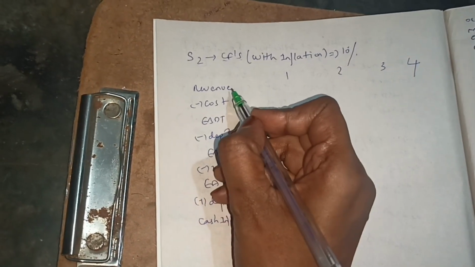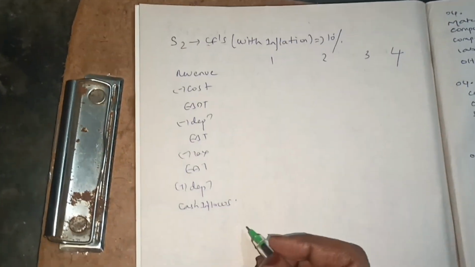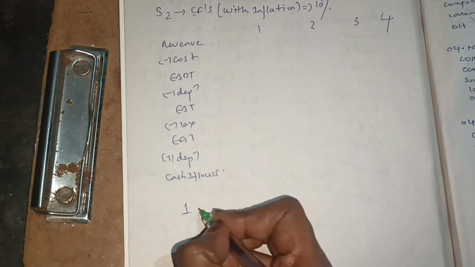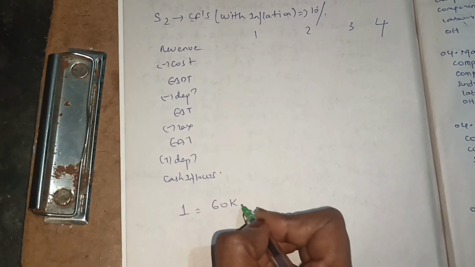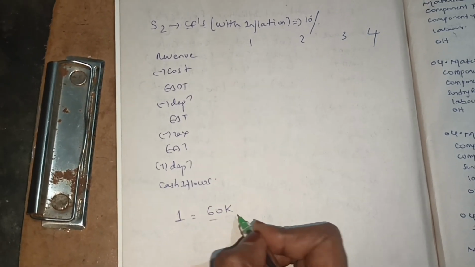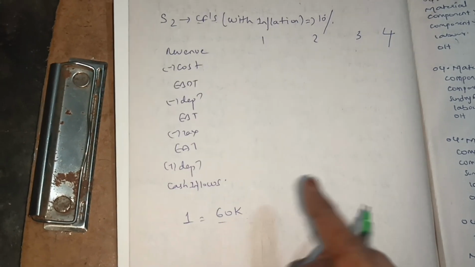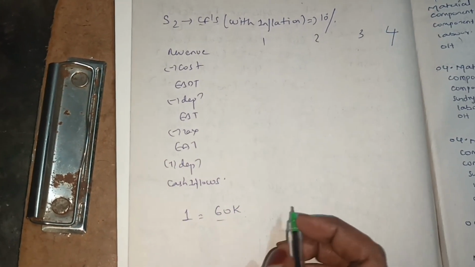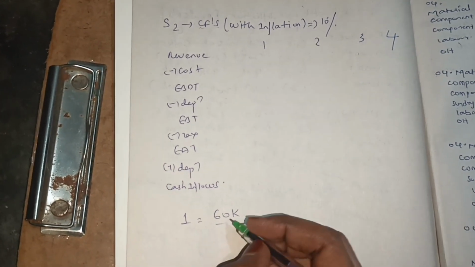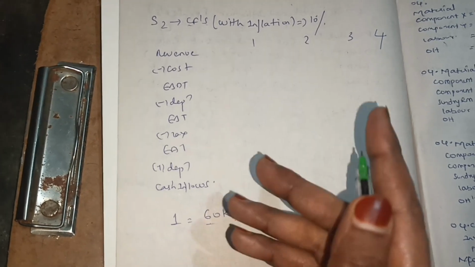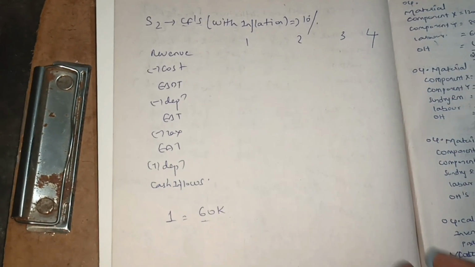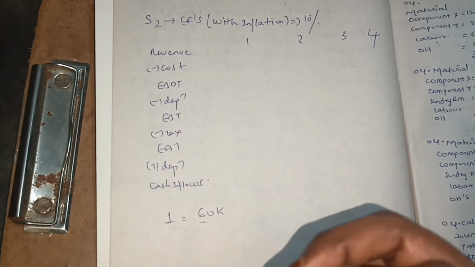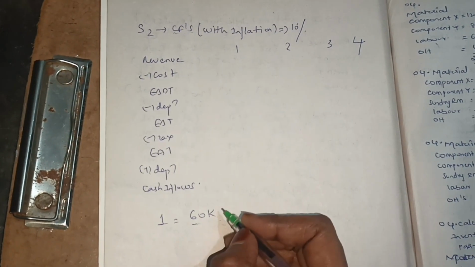Now revenue in the question is given as 60,000 for the first year. Is this revenue inclusive of inflation or exclusive of inflation? The answer is this revenue does not include inflation. So we have to include inflation now.